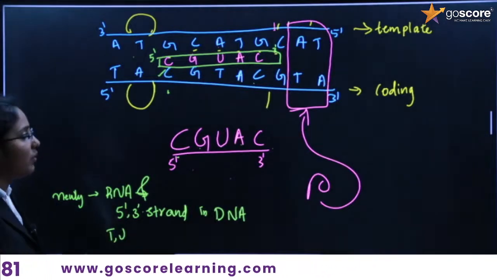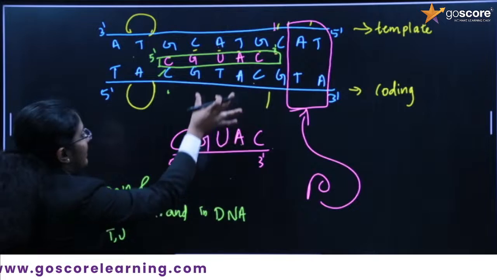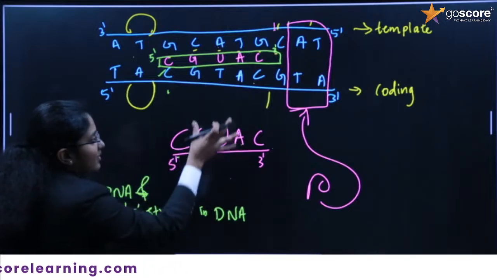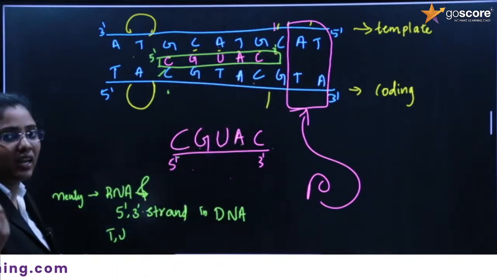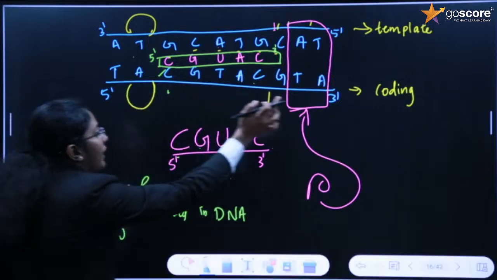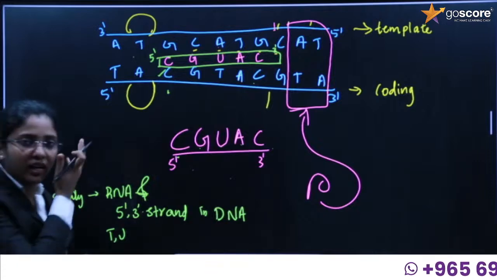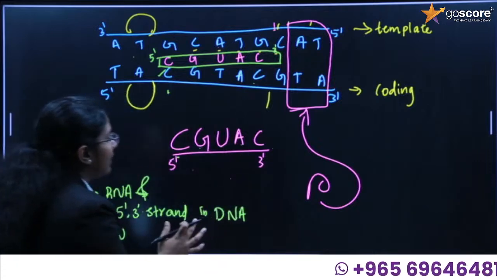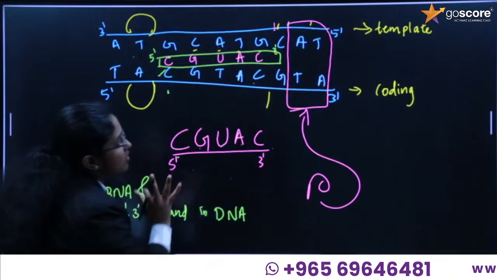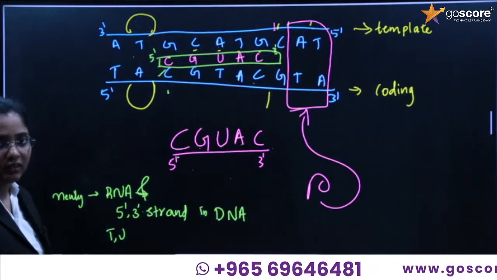Okay, except in thymine and uracil, you can find the exact same strand. That is why we call the 5 prime 3 prime as the coding strand. Okay, you got it? You got it?